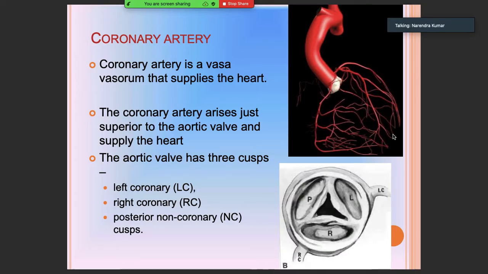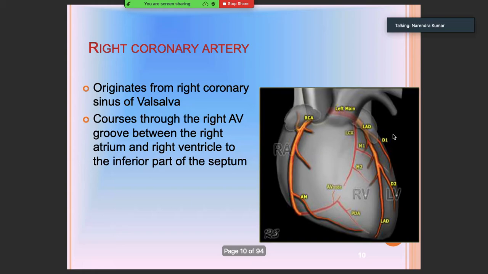We have already had multiple sessions about the coronary arteries, and we are aware that this is literally the vasa vasorum which supplies the heart. Different branches are there: left coronary, right coronary, posterior coronary. In fact, the RCA, as we are aware, has its origin from the right coronary sinus of Valsalva, and it goes through the right AV groove.